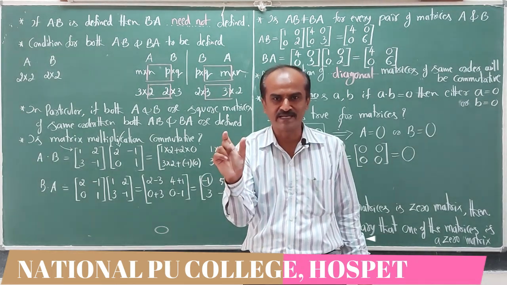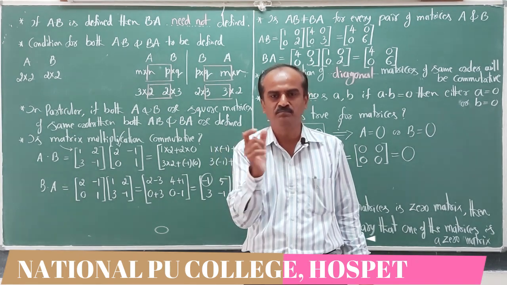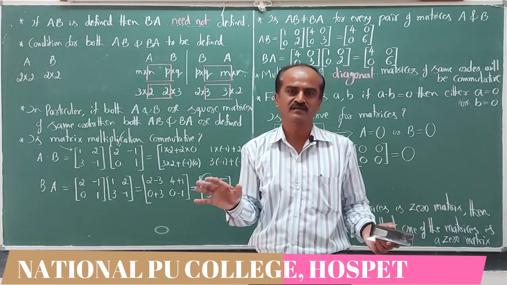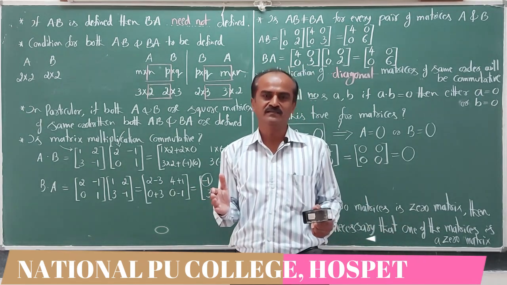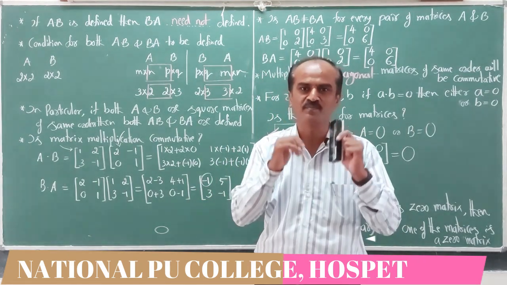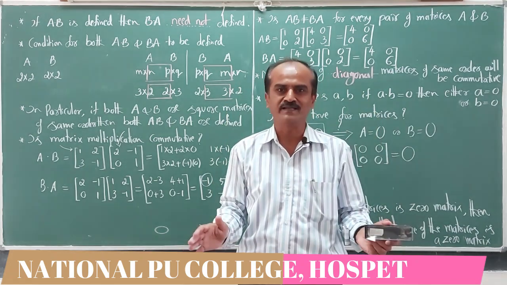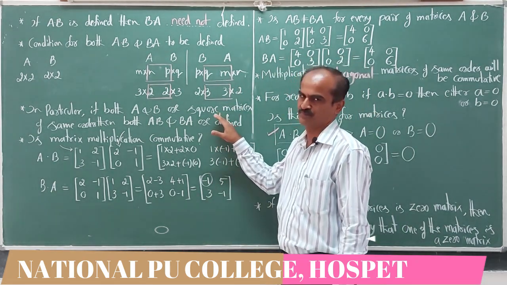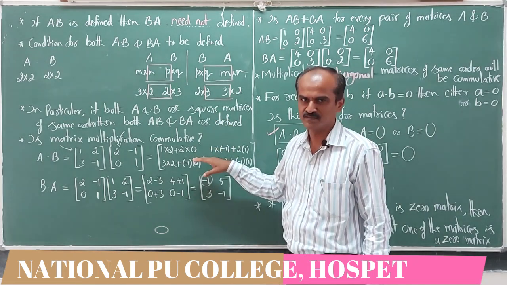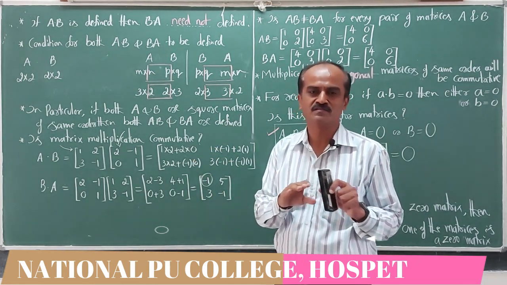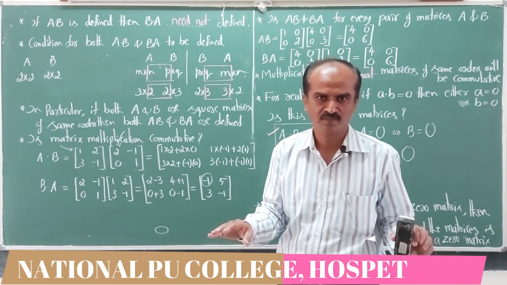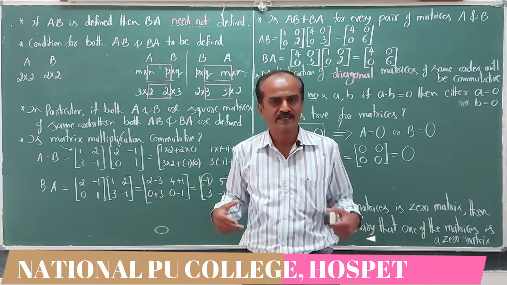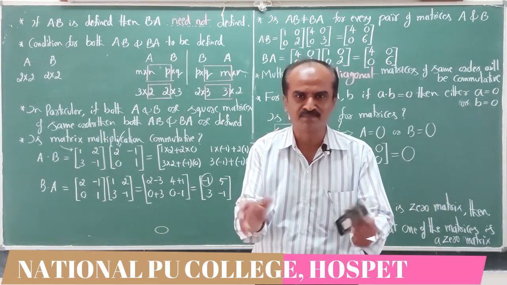If A is a matrix of order 2 by 3, B must be 3 by 2. In particular, if we take A and B as square matrices of the same order, it is always guaranteed that AB and BA both are defined. Another point: matrix multiplication is not commutative. Don't expect that AB, BA being defined means they are going to give us the same resulting matrix.